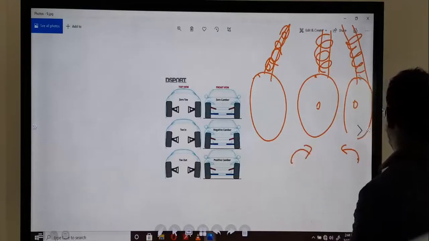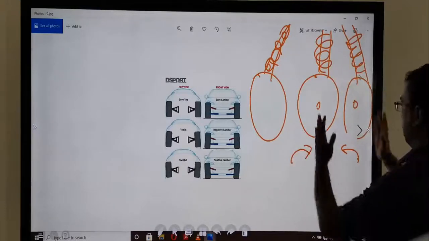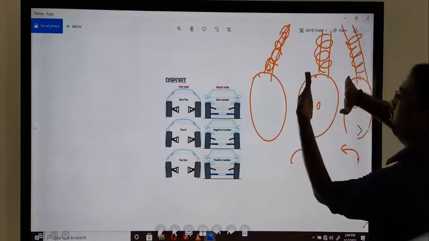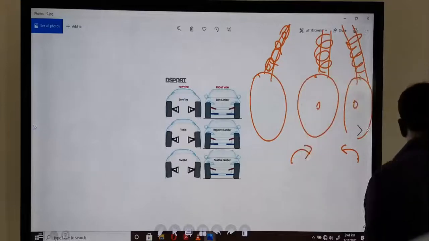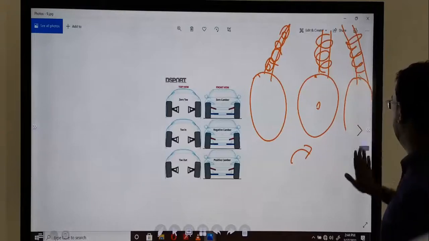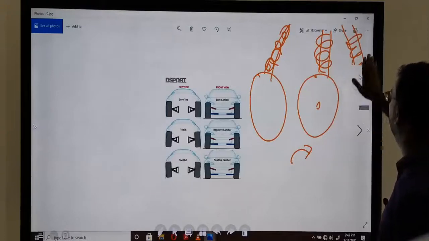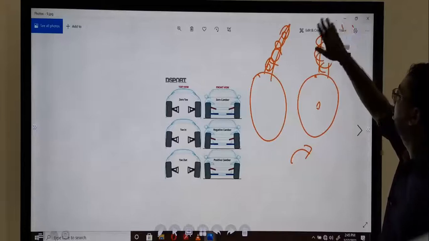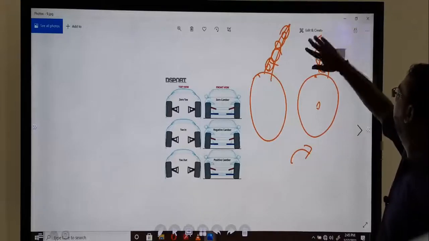Camber is the tilt up or down. Caster means front or back. There are 3 axes of adjustment in the wheel alignment: toe, camber, caster.